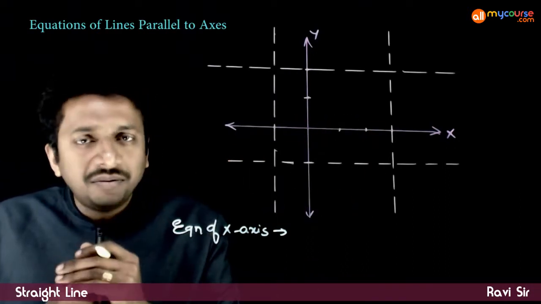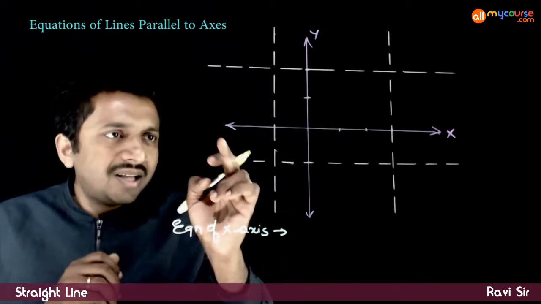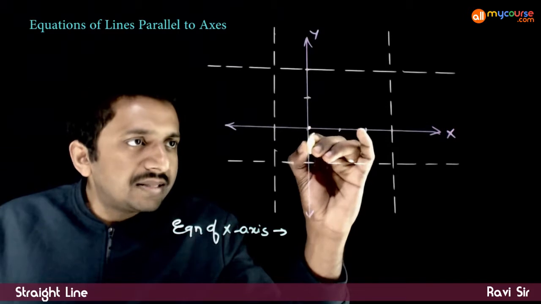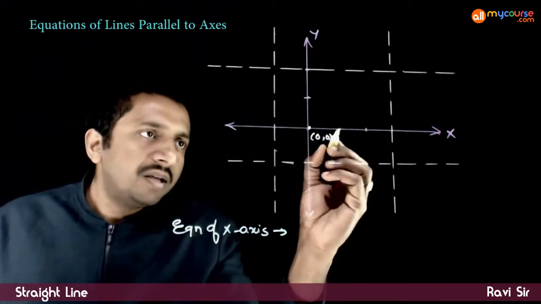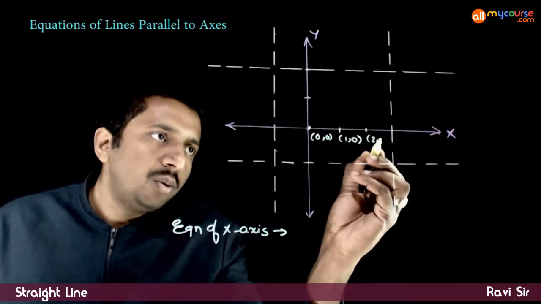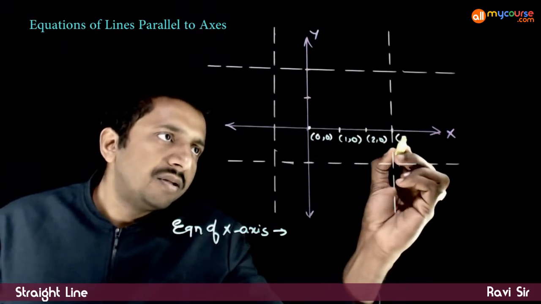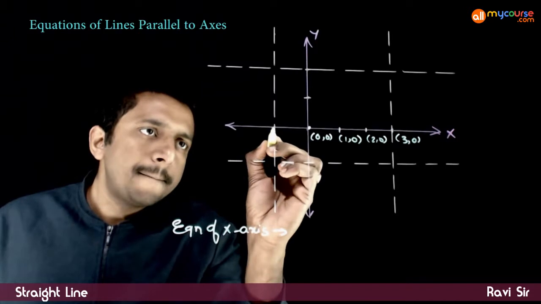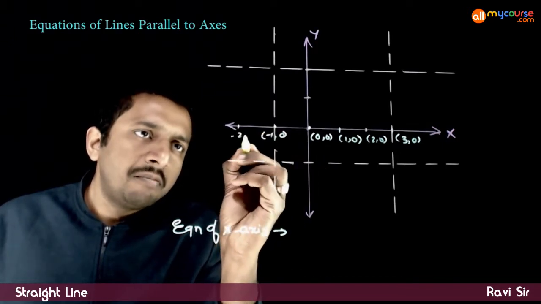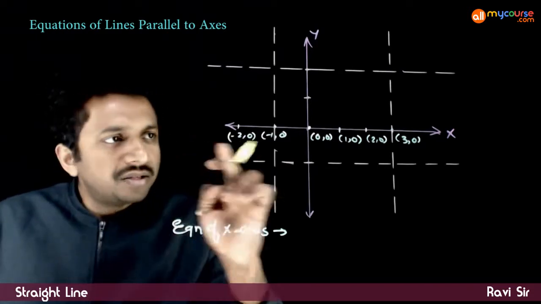Now first, let us try to see what the different points on this x-axis look like. So this is (0, 0). This point is (1, 0), (2, 0), (3, 0), (-1, 0), (-2, 0), and so on.